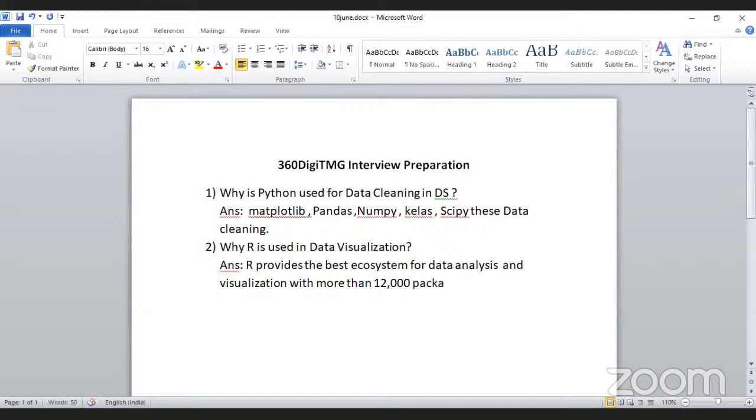What are packages? Packages are nothing but inbuilt functions, so we don't have to write a large amount of code. We just use the package name and we can use all the functions provided by that package, and get all the data pre-processed or visualized.